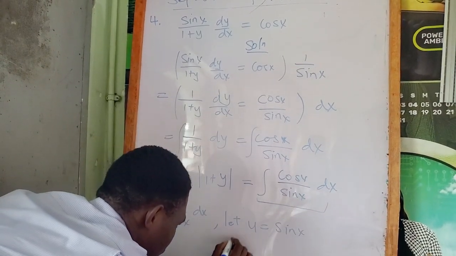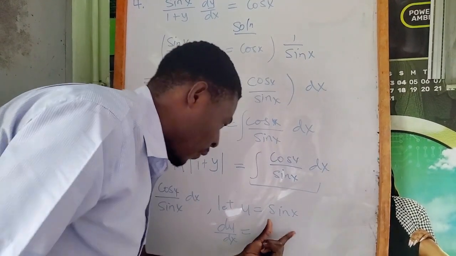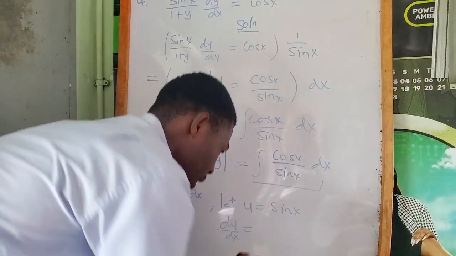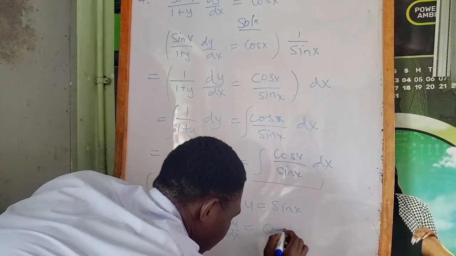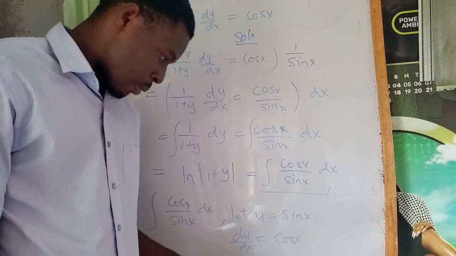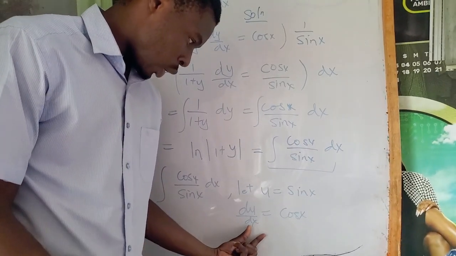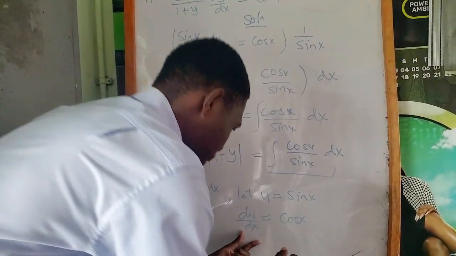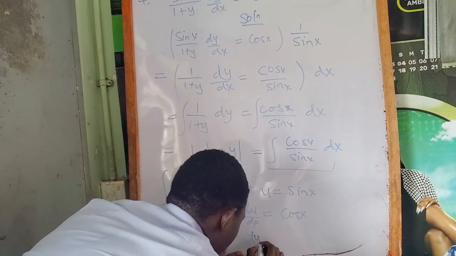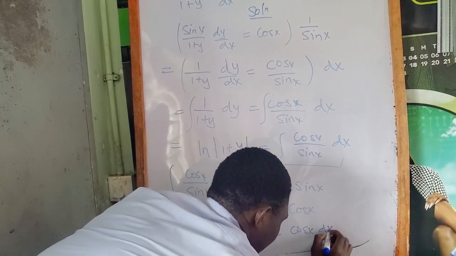So du dx is equal to what? If I differentiate sine x, what do I get? I get cos x. But I want to make dx the subject of the formula here. So what I will do is say that du is equal to cos x dx.